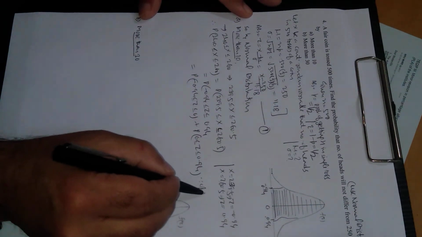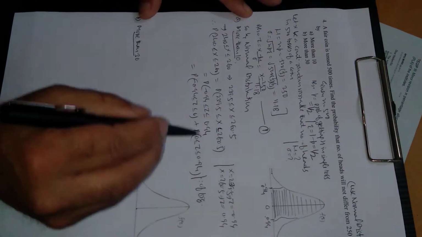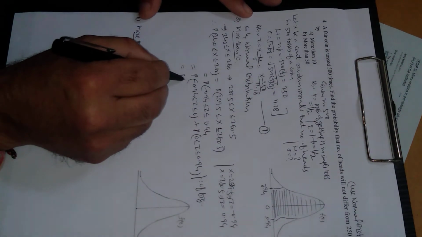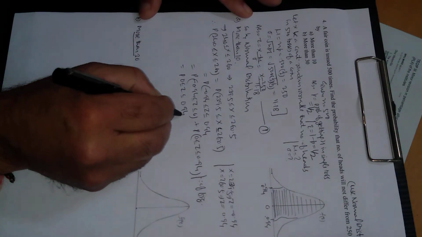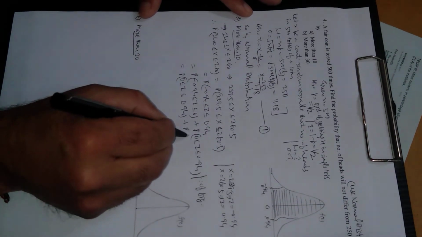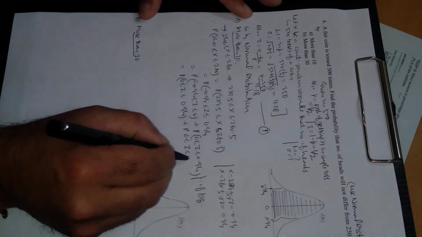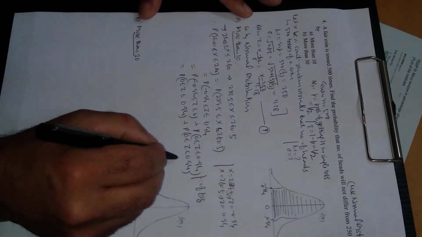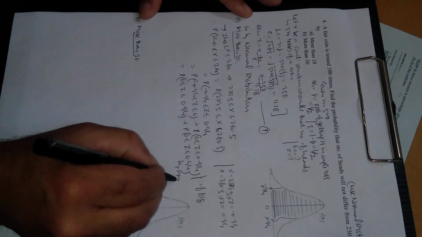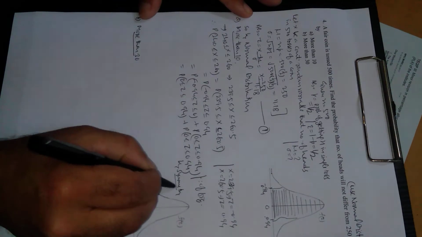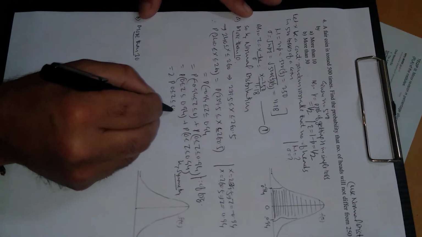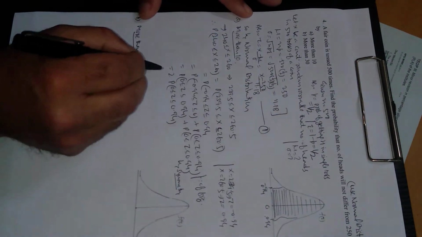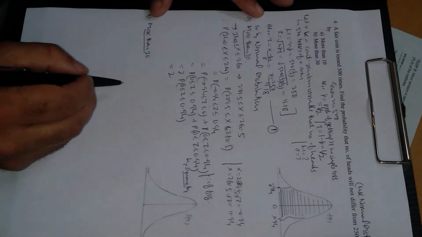Since the normal curve is symmetric, this can be written as 0 less than z less than 0.94, which is again the same. So this is 2 times probability 0 less than z less than 0.94. Now we will find this probability by using the normal table.